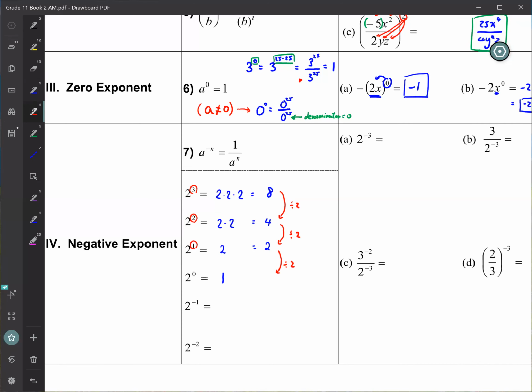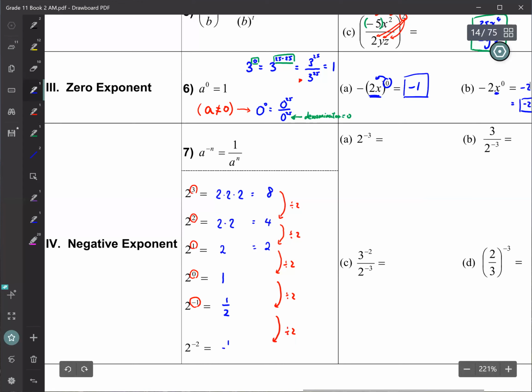Now, if I want to continue going down, the exponent gets lower and becomes -1. That means it will divide by 2 again, so that will be 1 over 2. Then you divide by 2 once again and go down a little bit more, and you get another 2 at the bottom.